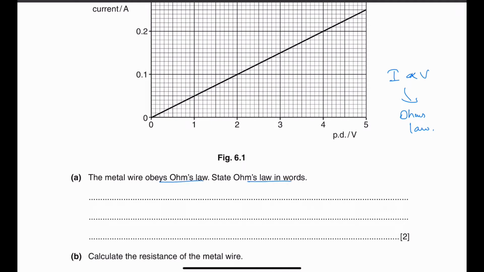Well, Ohm's law is pretty straightforward. So it is the current is directly proportional to potential difference, but there is a condition, there is a limitation, and that limitation is that the temperature must be constant.